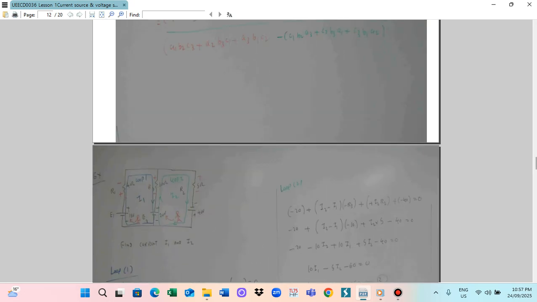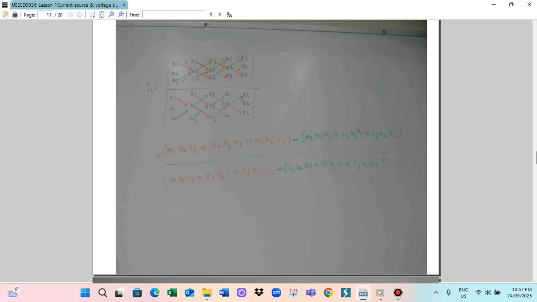C1, B2, A3 negative, C2, B3, A1 negative, C3, B1, A2 negative. So this is C1, B2, A3 plus C2, B3, A1 plus C3, B1, A2. This is the solution of the determinant.